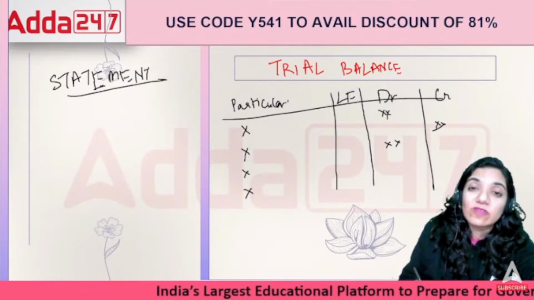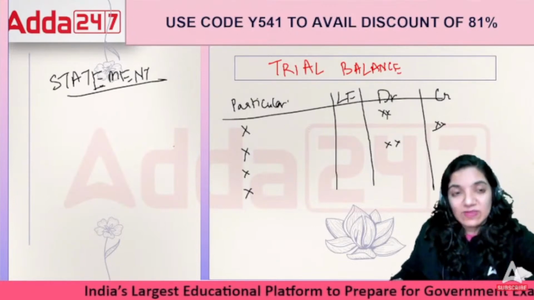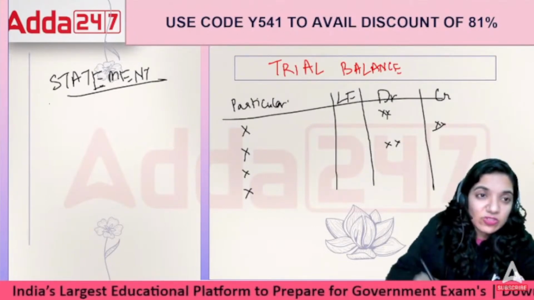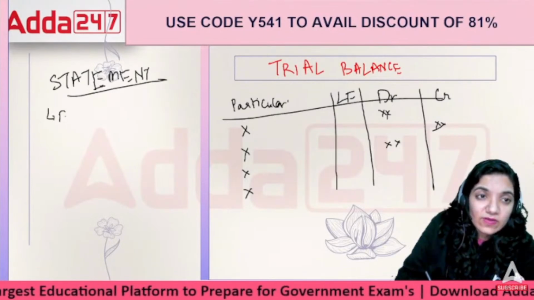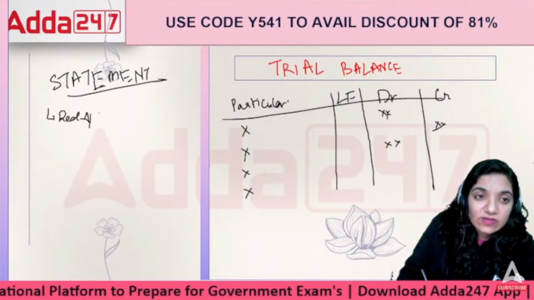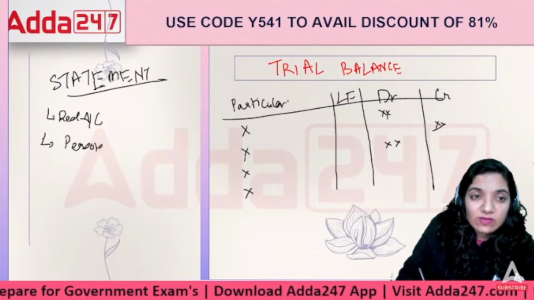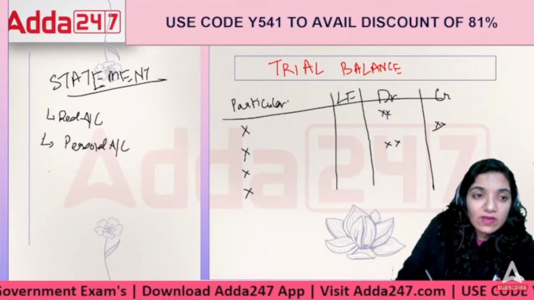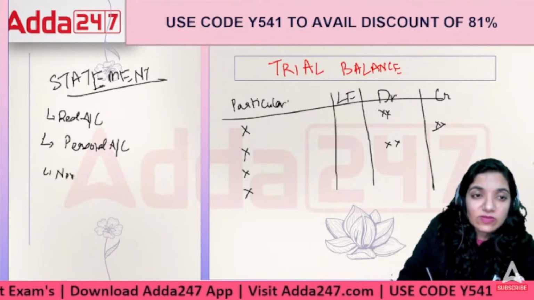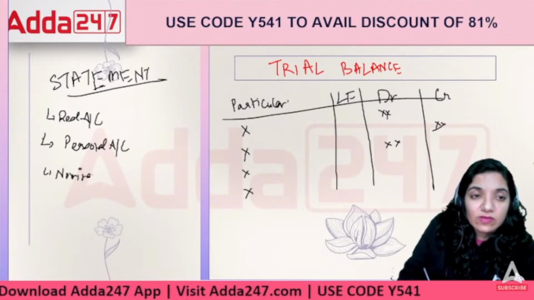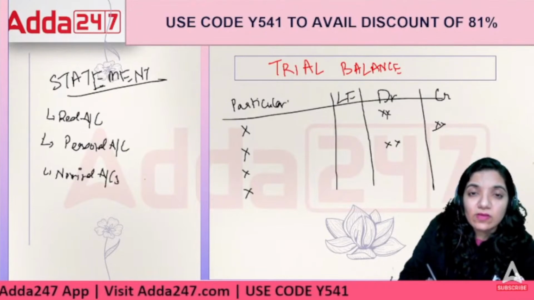So in terms of the trial balance, it's basically a statement which includes all the real accounts, personal accounts, and then the nominal accounts. Right?